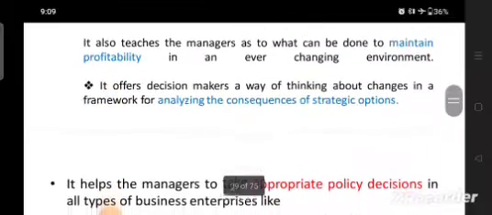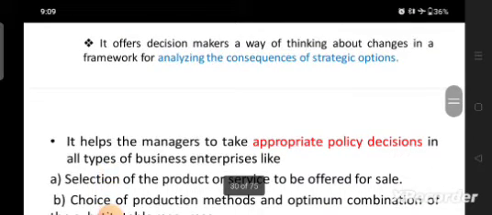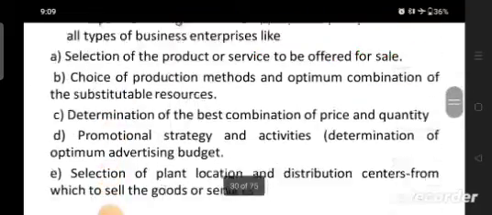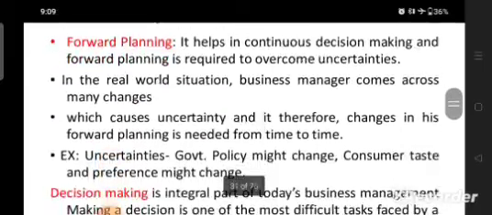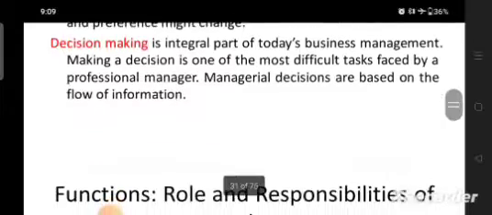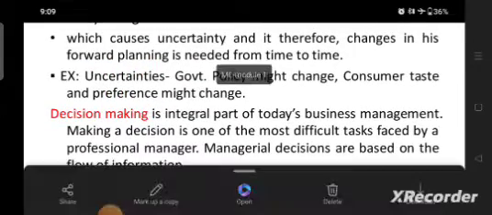It also teaches the manager how to maintain profitability, and it offers decision makers a way of thinking about changes in the framework, and it also helps managers to make appropriate policy decisions. These are some of the significances, and it also helps in forward planning and in decision making. So these are the significances of your managerial economics.